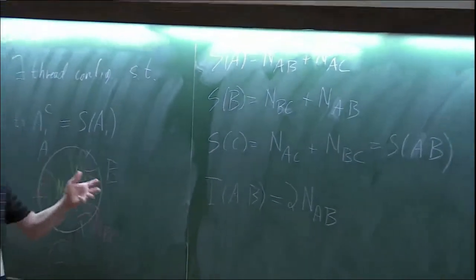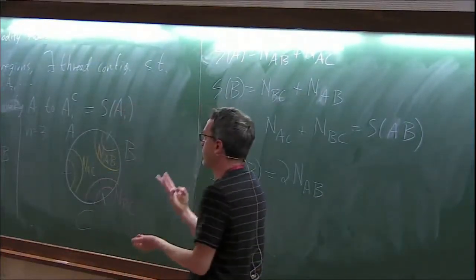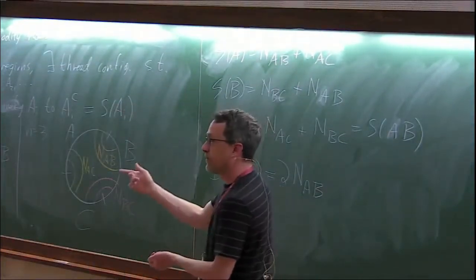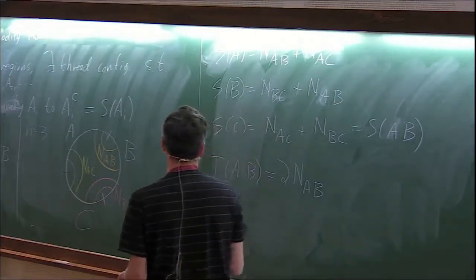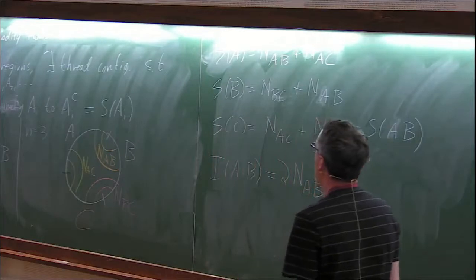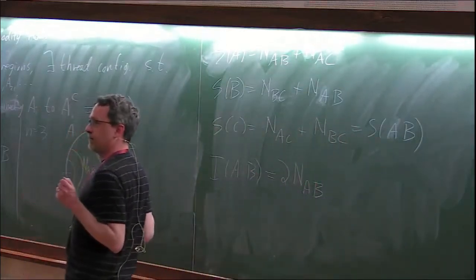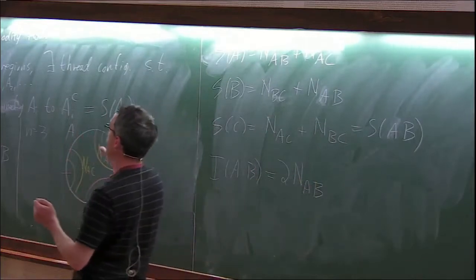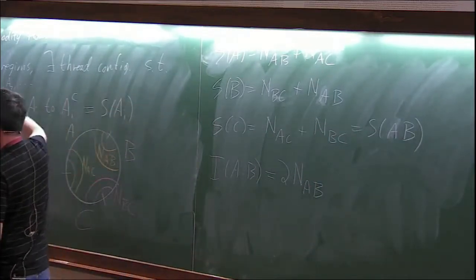And knowing all three mutual informations, as I said before, is the same as knowing all of the entropies. That's all the information there is in the entropies of this three-party system. And so that means that these three numbers are fixed. That doesn't mean this thread configuration is unique, the one that does this job.